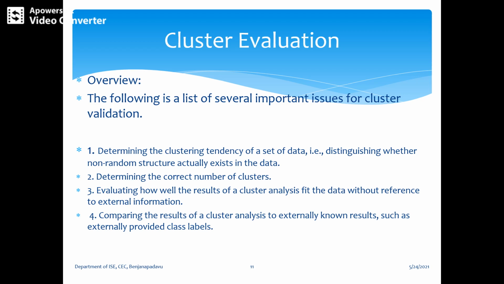Third, evaluating how well the result of cluster analysis fits the data without reference to any kind of external information. Later, comparing the result of the cluster analysis to externally known results such as externally provided class labels.